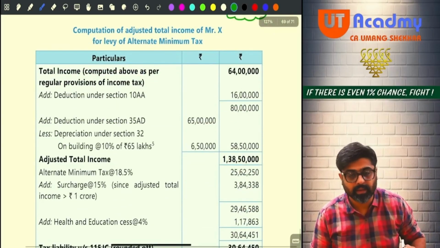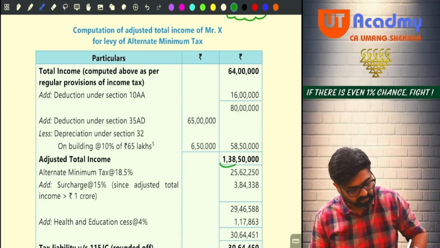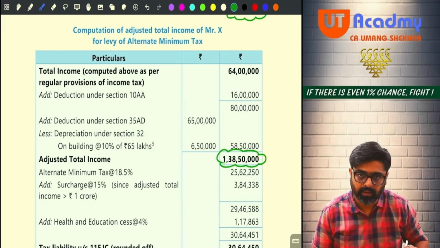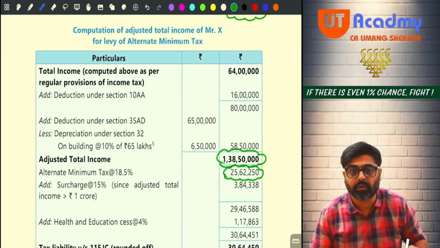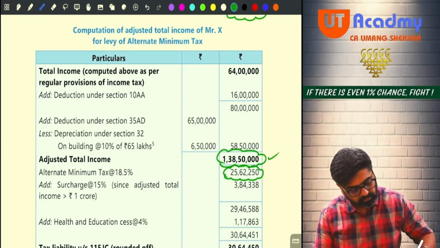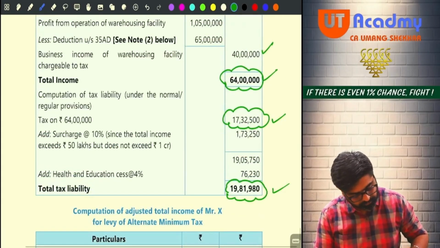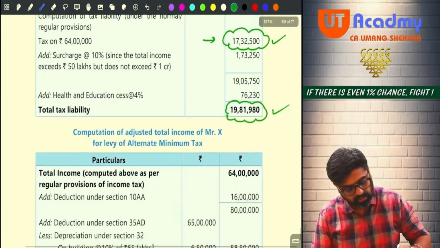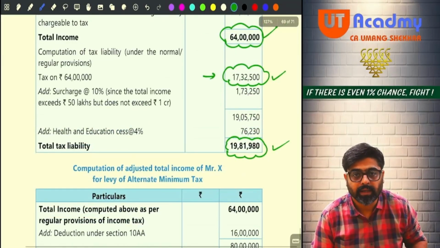Now we computed the adjusted total income. Our adjusted total income was 138.50. Yes. What was the tax? 2562250. Yes or no? So this also is matching. Tell me, is this amount more than this amount? Yes. So now the total income will be 1 crore 38 lakh 50,000, and your tax 19 lakh 81,980 will not be taken from you.